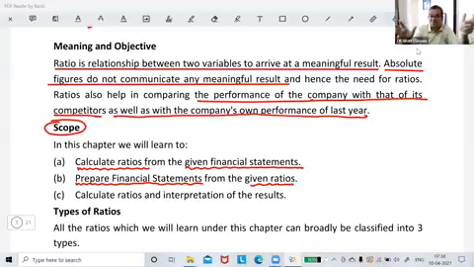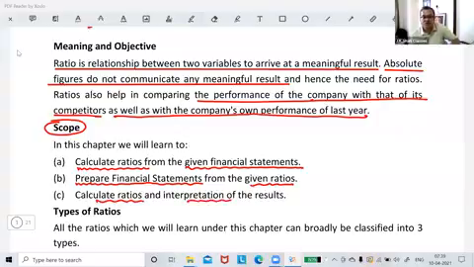They will give you a few ratios and an incomplete income statement or balance sheet, and with the help of those ratios you have to fill it up. It's like a puzzle. It is an enjoyable activity. If you know the ratios, it's enjoyable to go in reverse and find all those things. And then the third one, as usual: calculate ratios and interpretation.